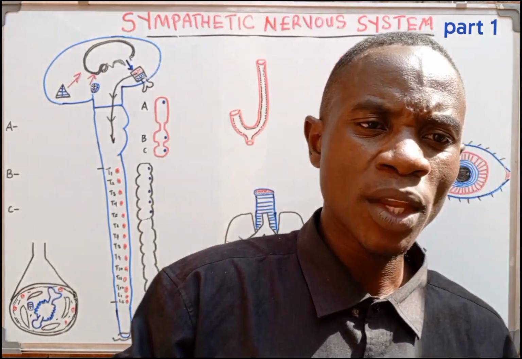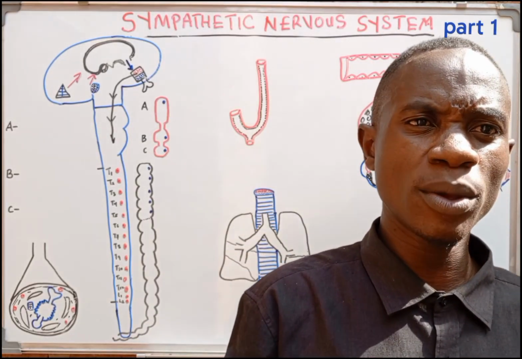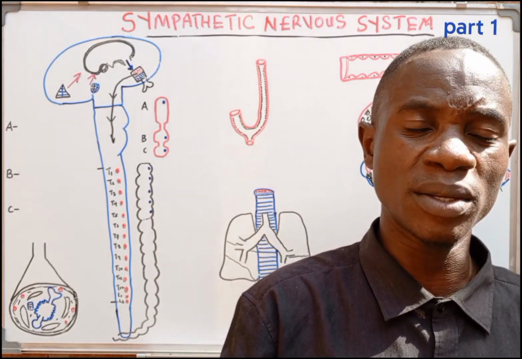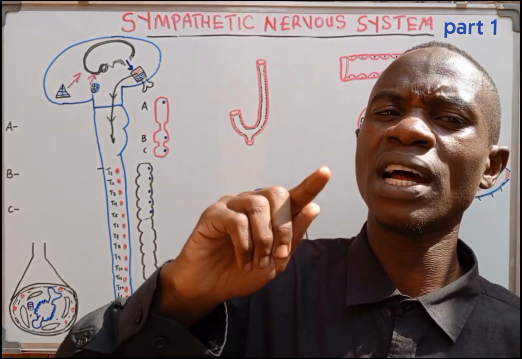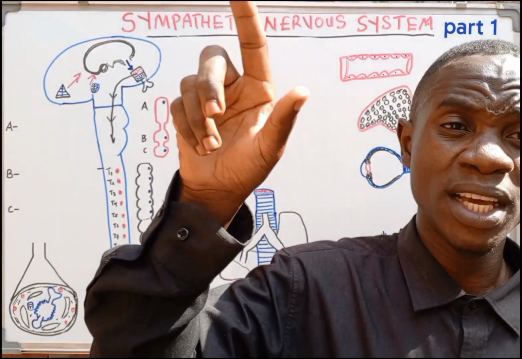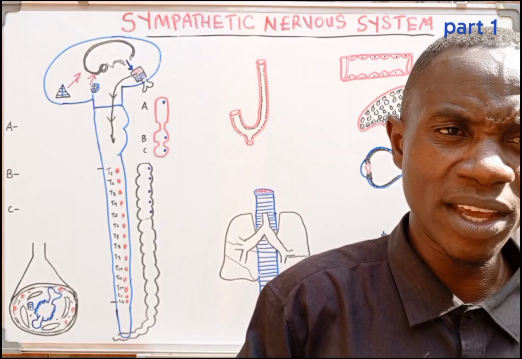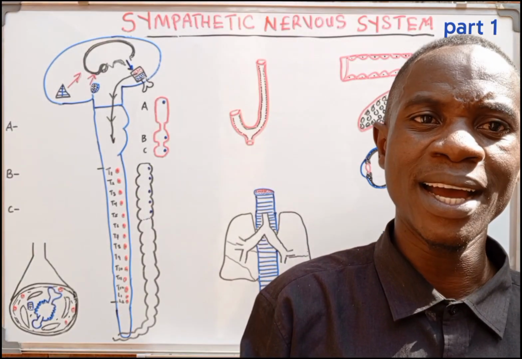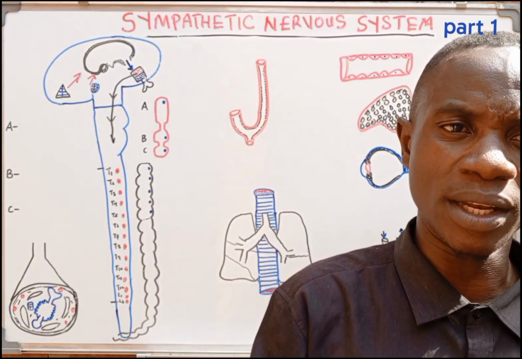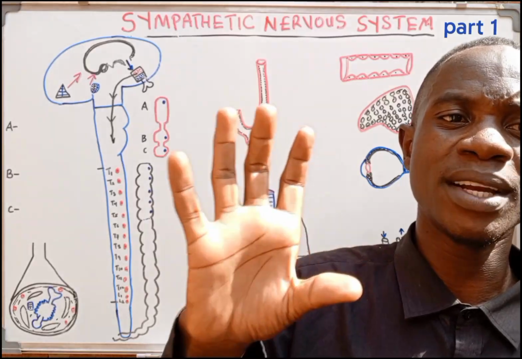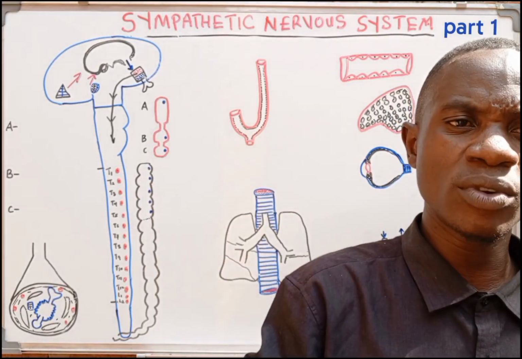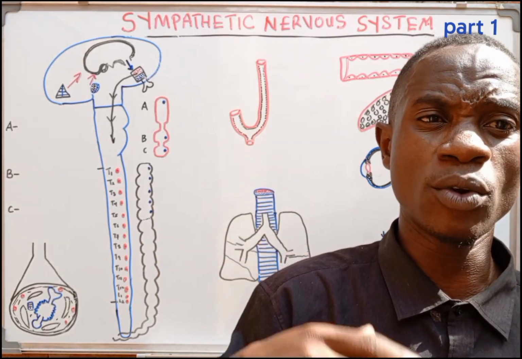Now, once this happens, we shall have some of the preganglionic motor fibers of the sympathetic nervous system moving all along, and they go and synapse in what we call the adrenal medulla. Okay, and when they terminate in the adrenal medulla, they release acetylcholine. Of course, acetylcholine is going to stimulate the adrenal medulla, leading to the production of what we call epinephrine and norepinephrine.